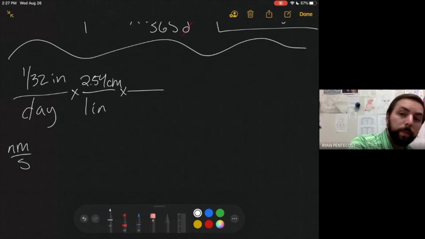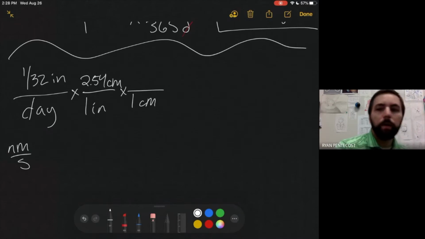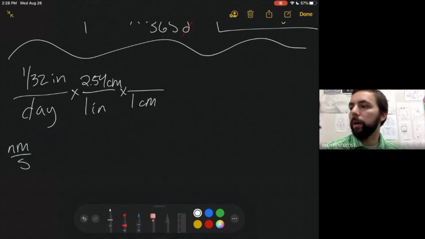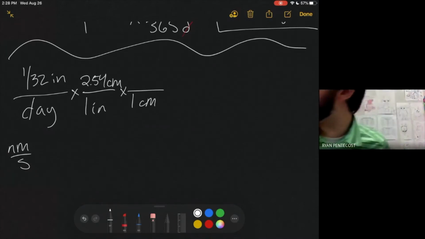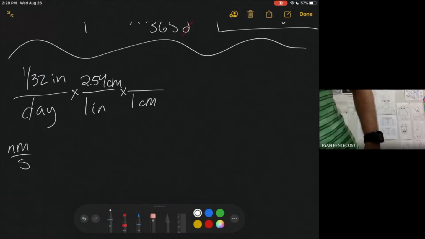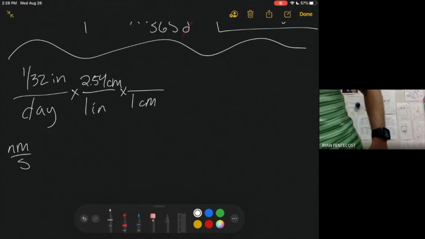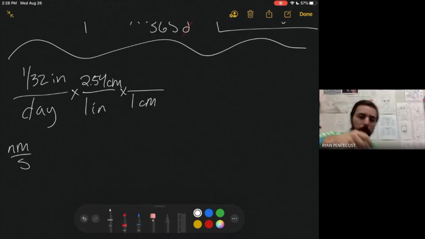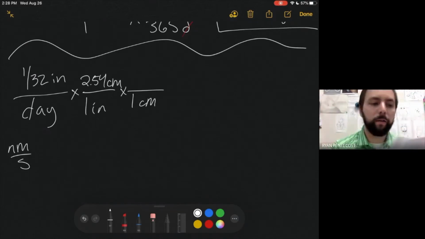Then we need centimeters to nanometers. Now, this really doesn't matter how you want to do this, but 1 centimeter is how many nanometers? Now, I've got the AP equation sheet right over here, so I will use this. You guys can also find this on the modules. It has metric things.